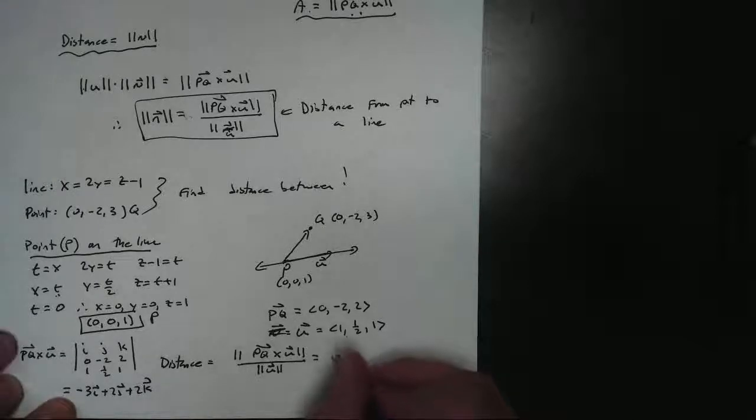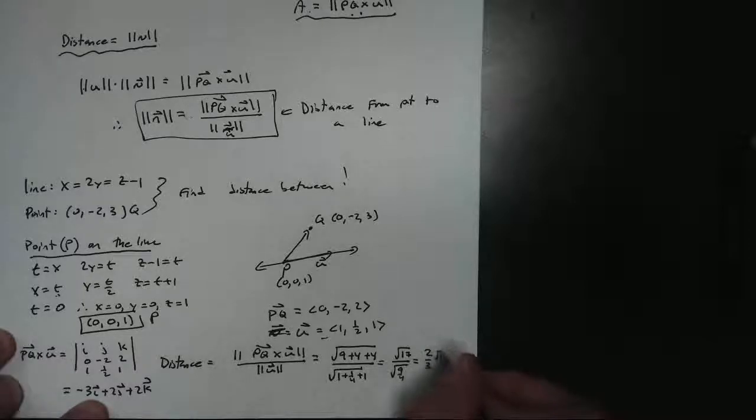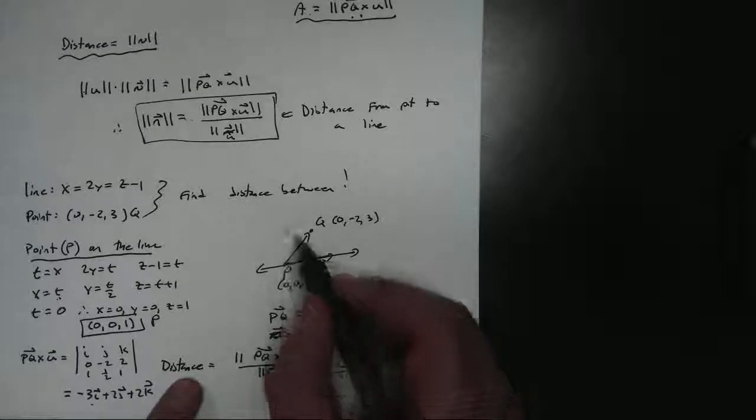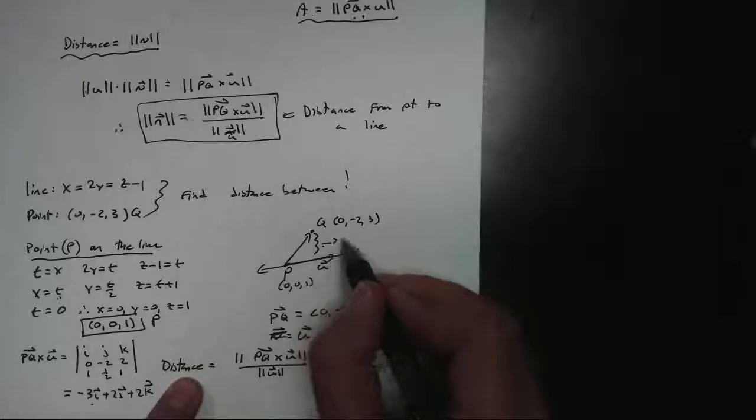When you take that magnitude, you get the square root of 9 plus 4 plus 4, over the magnitude of u, which is the square root of 1 plus 1/4 plus 1. And we wind up with the square root of 17 over the square root of 9/4, or 2/3 times the square root of 17. That's the distance between Q and the line.